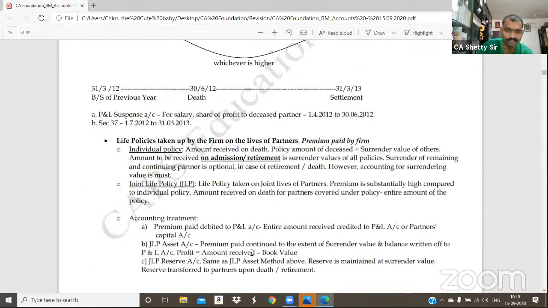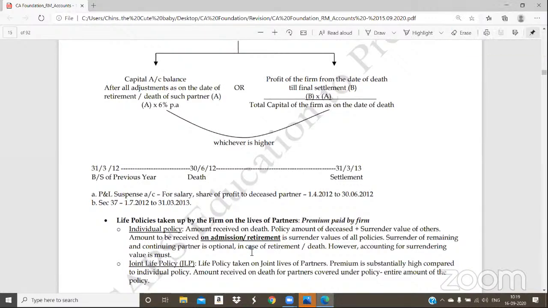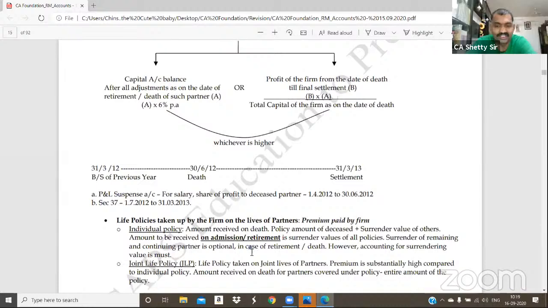Write down. Important. Life insurance policies, dash, taken up by the firm, premium paid by the firm. That means all of them are suffering. Premium paid by the firm, in brackets, means premium is shared by all partners in their PSR.